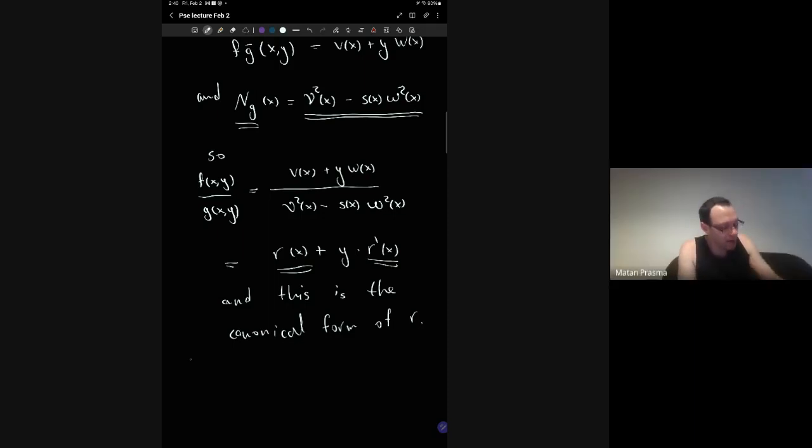And maybe, okay, exercise. The canonical form of a rational function R in the field of rational functions over E is unique.